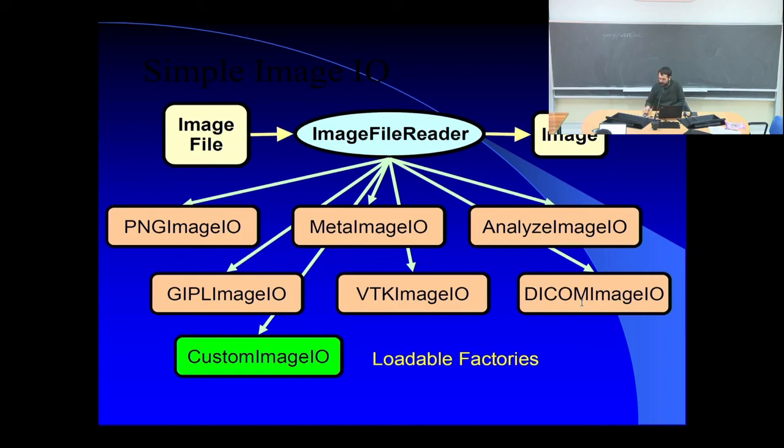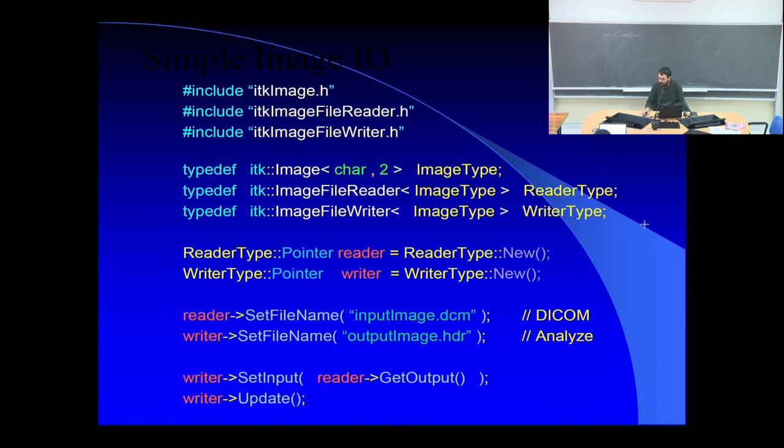Okay? So let's imagine a new format comes in, then ITK will have another box here for this particular image. Okay? But it will be quite transparent to your source code as well. Okay, so this is an example of reading and writing an image. Okay? Only this. Reading and writing an image.